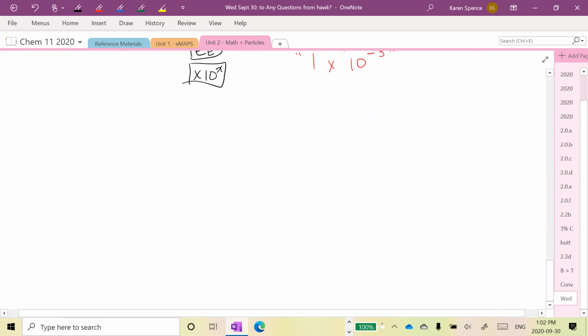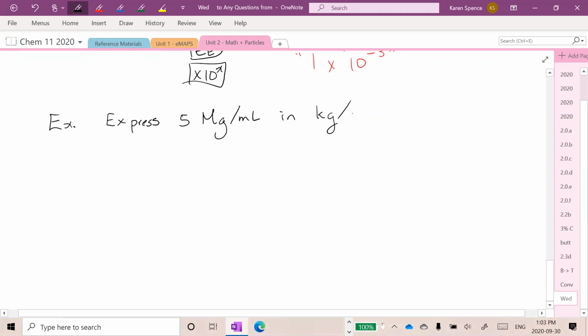All right, let us do a rate question. Express 5 megagrams, not milligrams, megagrams per milliliter in kilograms per liter.